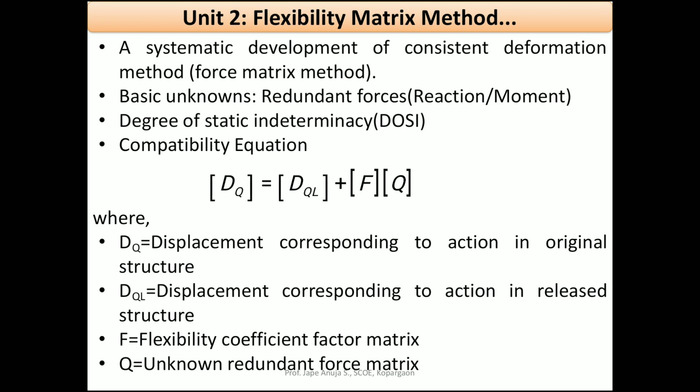The compatibility equation for the flexibility matrix method is given as: Dq matrix is equal to DQL matrix plus F matrix into Q matrix, where Dq is the displacement corresponding to the action in the original structure. The original structure is given in the problem statement. Whatever unknown is calculated is assigned by calculating the degree of static indeterminacy. The displacement corresponding to that action we have to write in this Dq matrix.